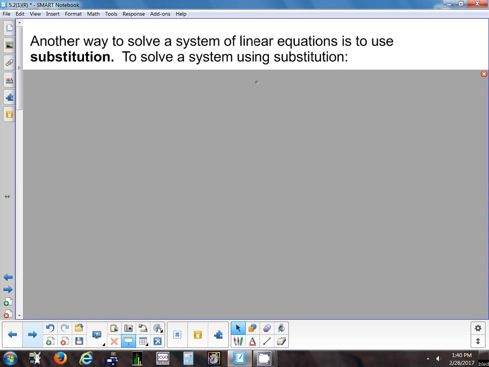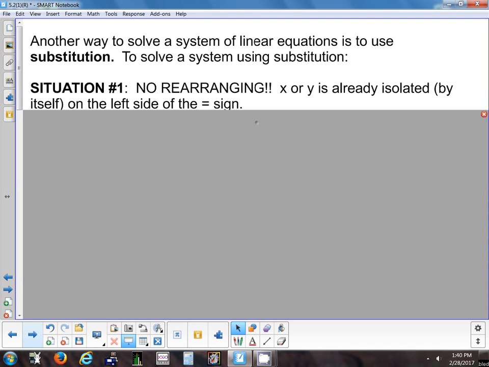Situation 1. All right. So, like Mr. Hager said, we're going to use some simpler substitution problems today. Biggest thing, make sure you fill this in on your sheet: no rearranging. That means either x or y is already going to be isolated. It's already going to be by itself.